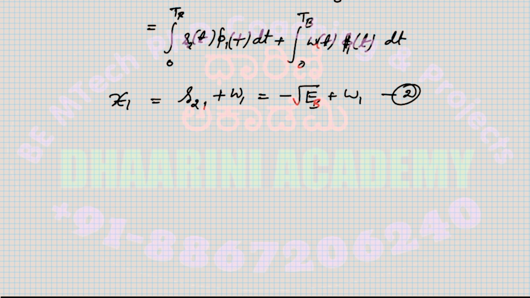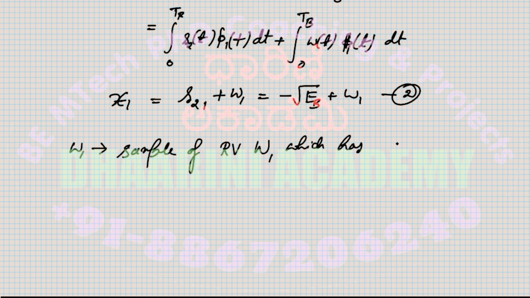Now we know the specifications, right? What is W1? W1 is the sample value of the random variable denoted by capital W1, which is a Gaussian random variable, RV, with zero mean and variance equal to N naught by 2.